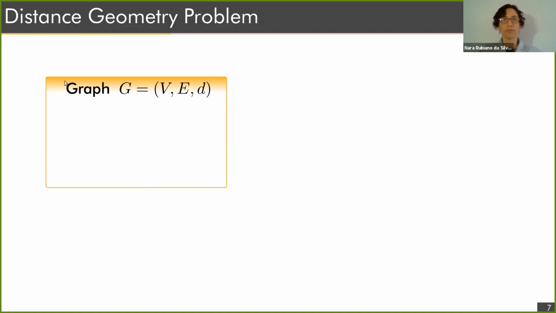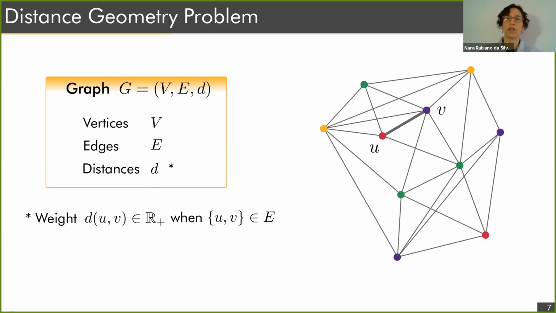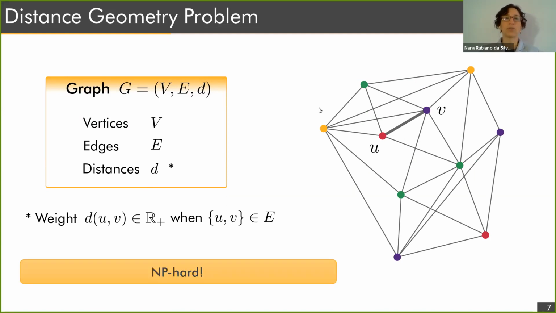A graph is defined by vertices, by edges connecting these vertices, and by distances. These distances are real-valued, positive weights for each of the edges in the graph. Recall that these are hard problems to solve.